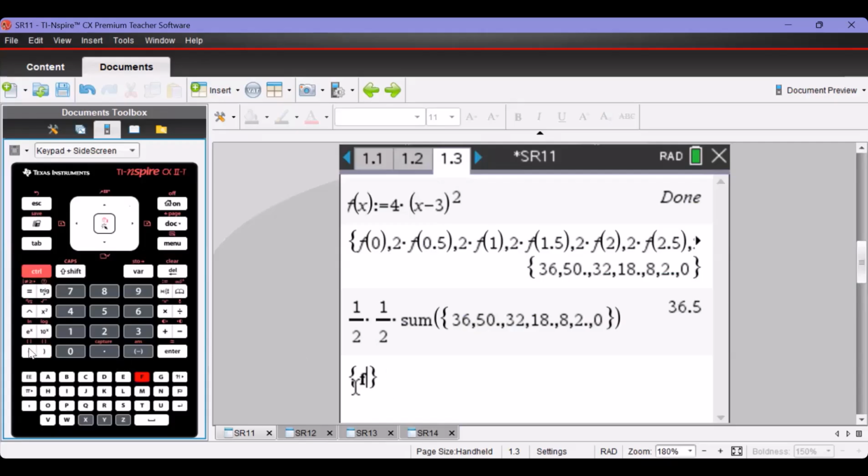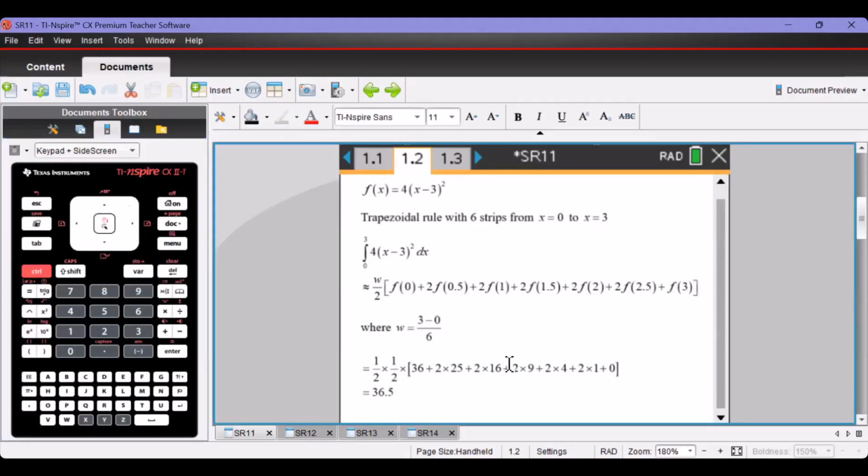Then you would type in 2 times f of 0.5, and you would continue on until you get to f of 3. Once you've done that and you press enter, this gives you the values 36, 50, etc., down to 0. And they're the values that are listed in this line of working here.